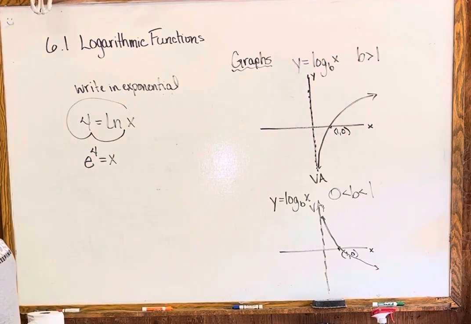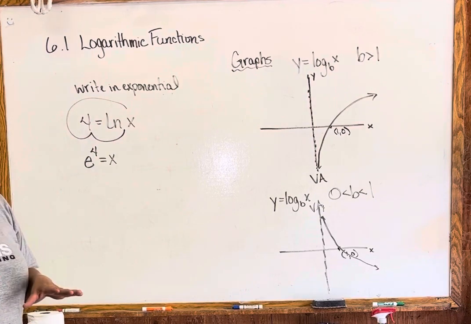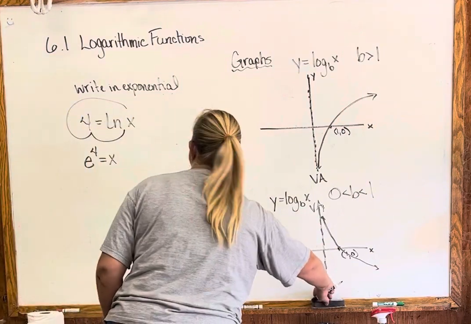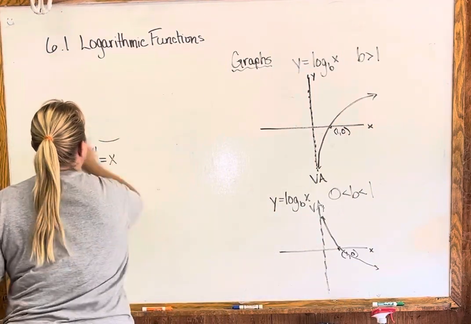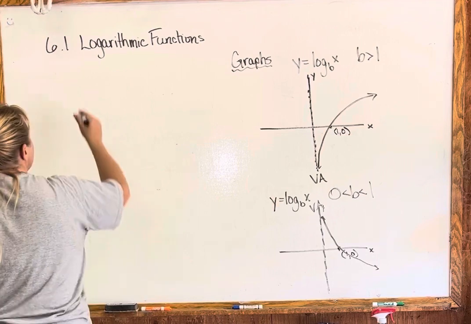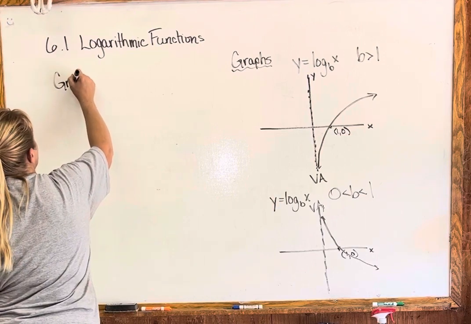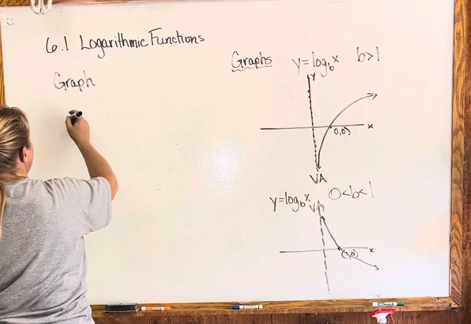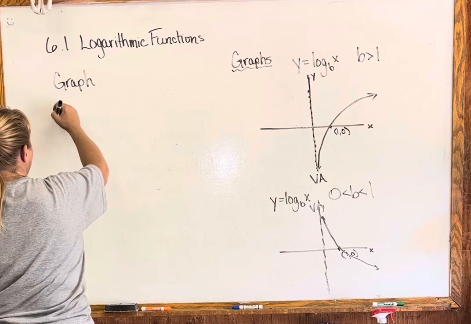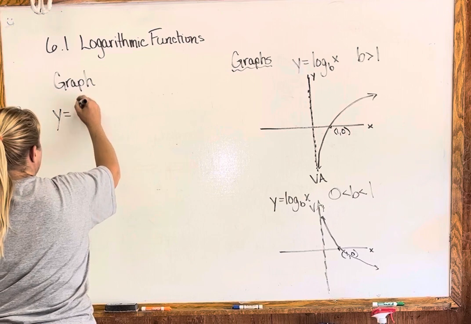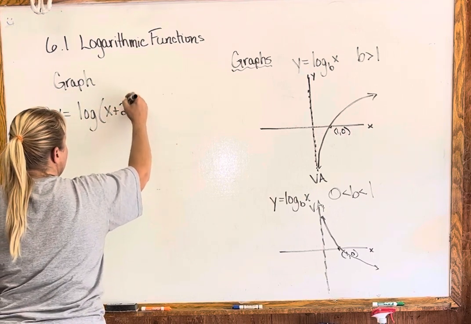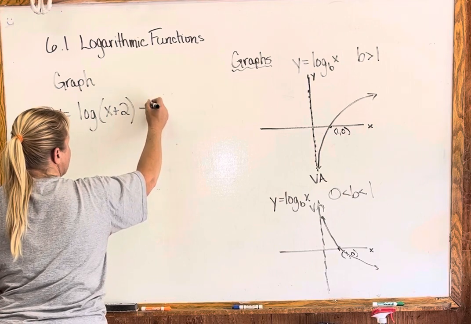Now, just like we have done before, we can take these graphs and we can shift them around a little bit. So let's do some transformations. So let's say I wanted you to graph y equals log of (x plus 2) minus 3.